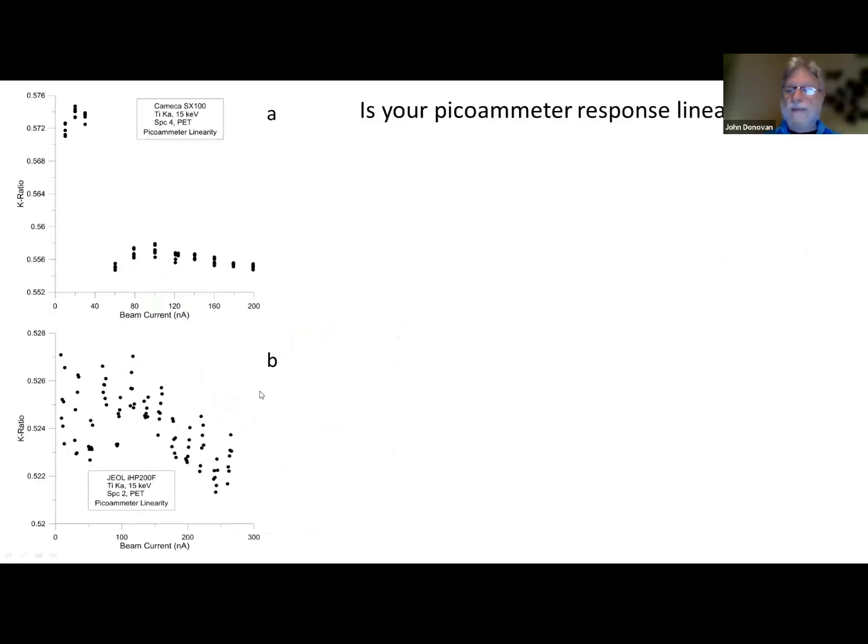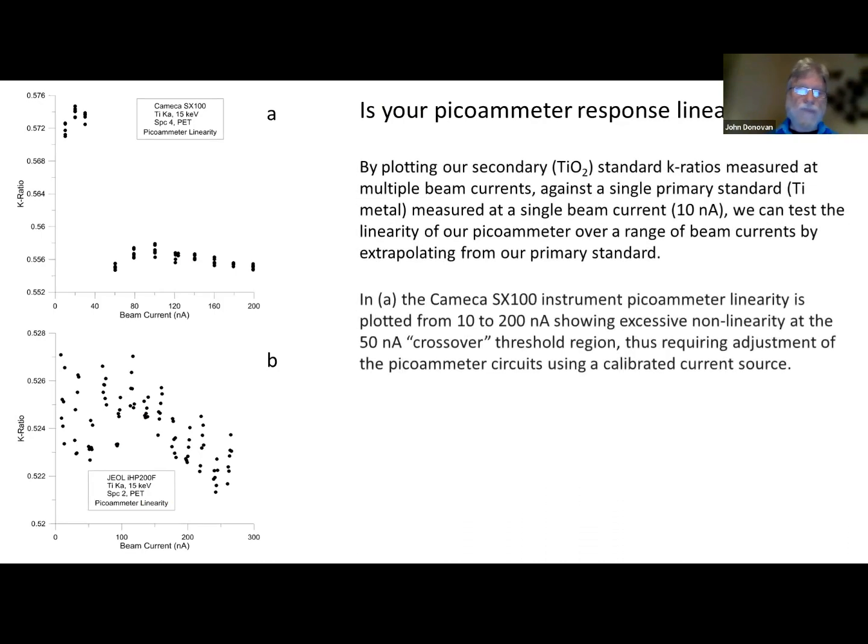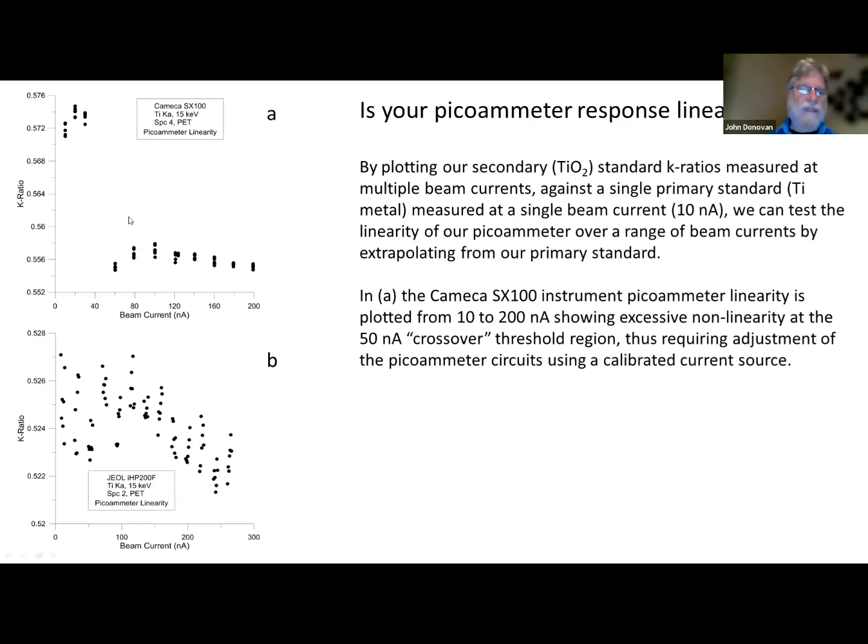We can also use the same data set to calibrate our picoamp meter. So instead of measuring each of our 2 materials at different beam currents, we take just one primary standard measurement at, say, the lowest beam current, and we analyze all the other beam current measurements on the secondary standard, and we see if our picoamp meter is linear. The picoamp meter on my Cameca is not linear.